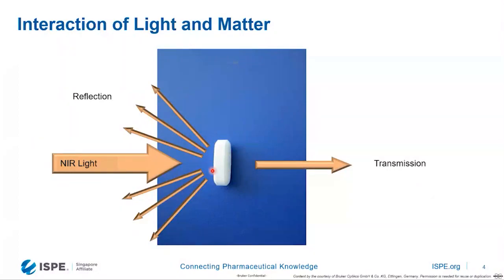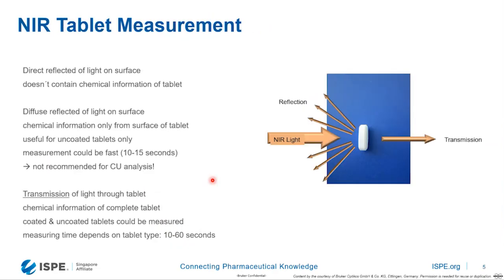When we want to measure the amount of the active pharmaceutical ingredients inside, if we are using reflection, there is a possibility that the result will not be very precise because there is a coating that blocks the light to get deep inside, or the light could come only from a few millimeters from the surface.